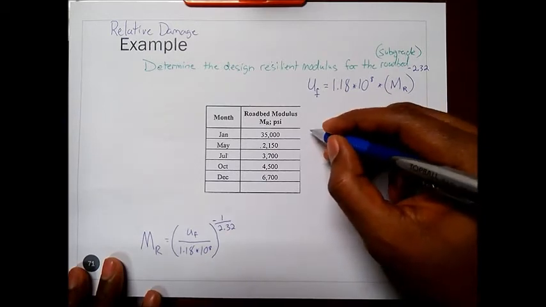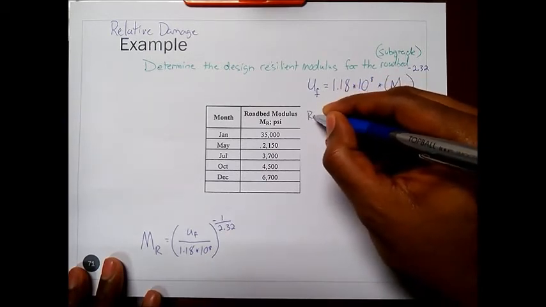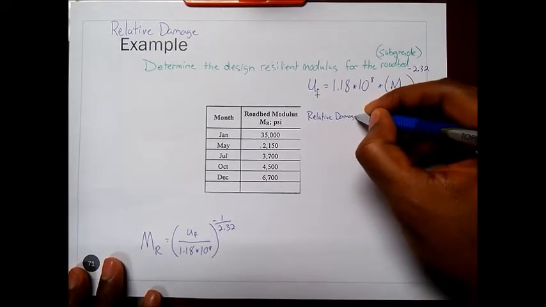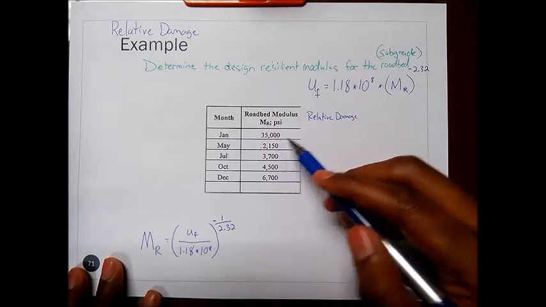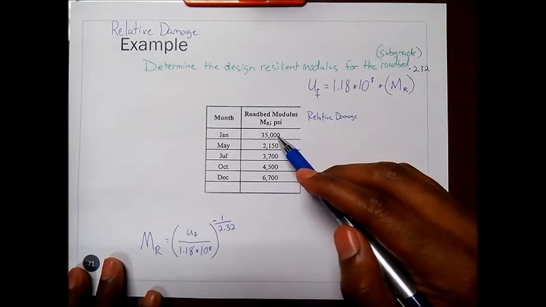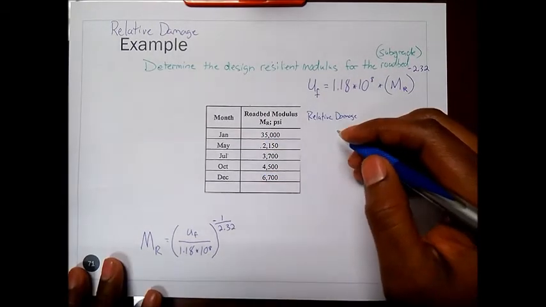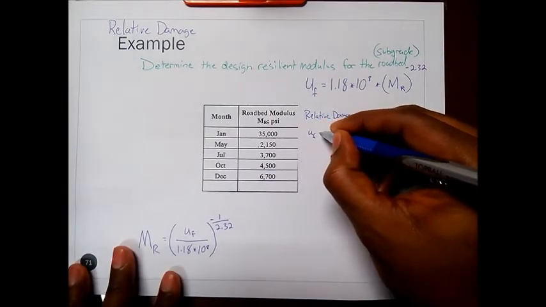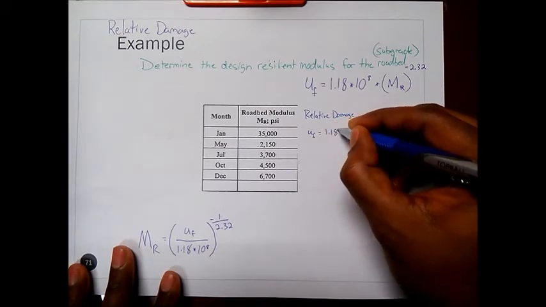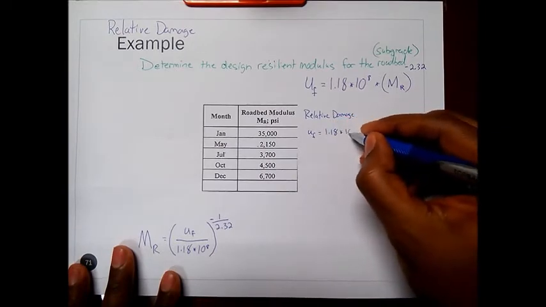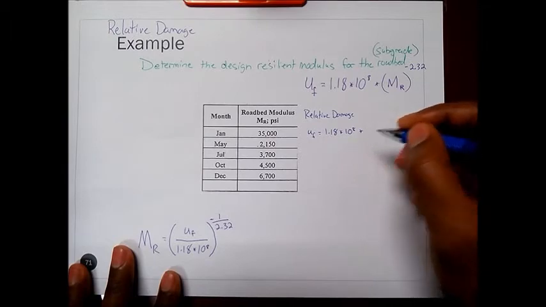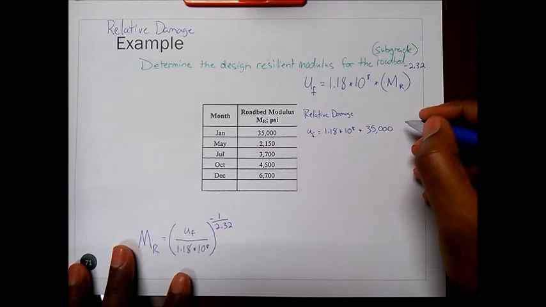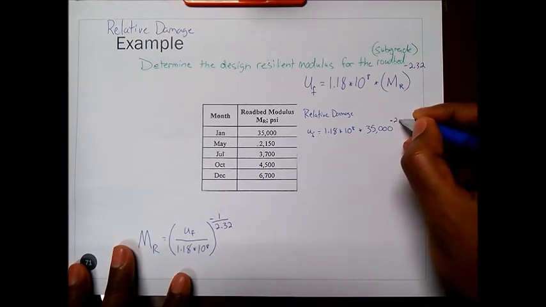The relative damage that is associated with the resilient modulus of 35,000 in January, so it's very, very cold, probably very stiff, is going to be equal to 1.18 times 10 to the 8th, times 35,000 raised to the negative 2.32.